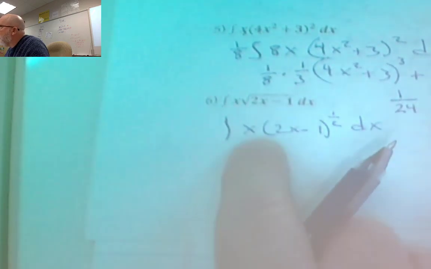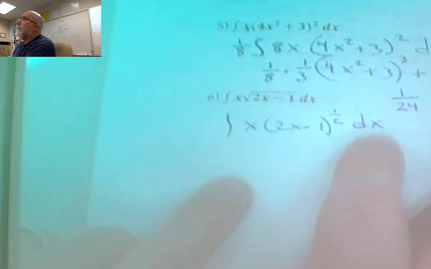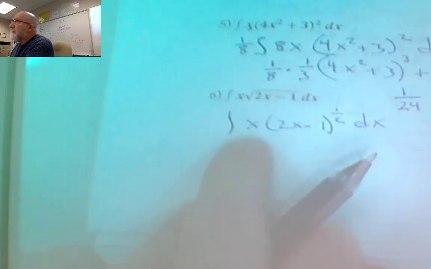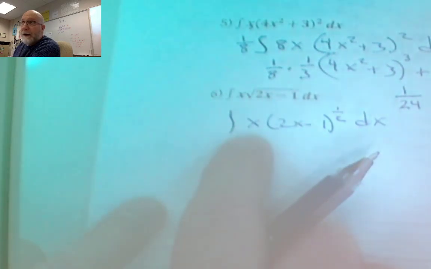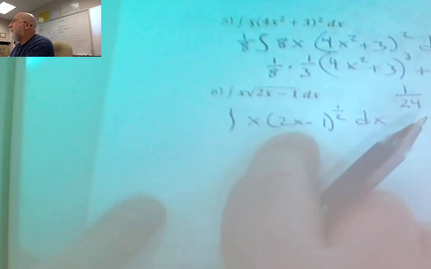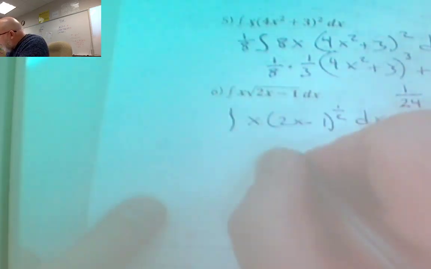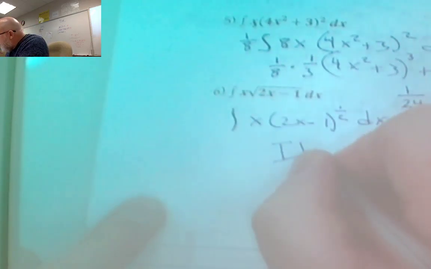Well, okay, it's a function, correct? I have to figure out the antiderivative in terms of x. I got to figure out the antiderivative of that too. I'm going to show you how substitution will solve that for us.